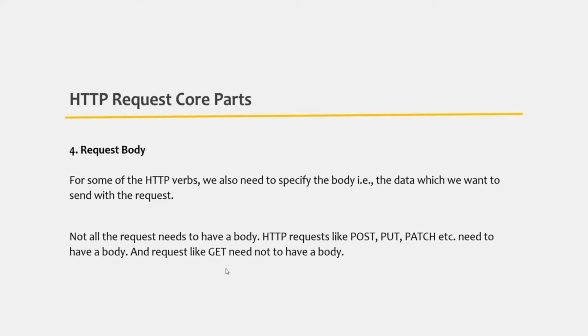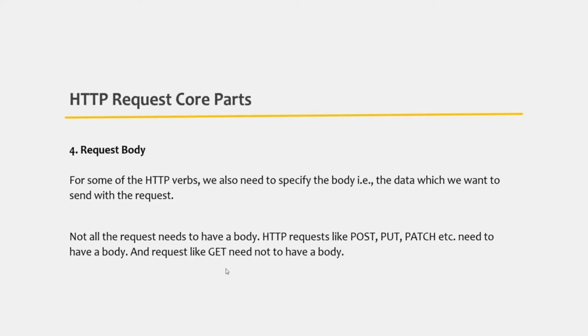When we make an HTTP request to the server, we need to have a URL, an endpoint to which we want to make the request. We also need to specify what type of request we are making by setting the HTTP verb like GET, POST, PUT, DELETE, etc. If we want, we can also set some headers explicitly for the HTTP request which we are sending.